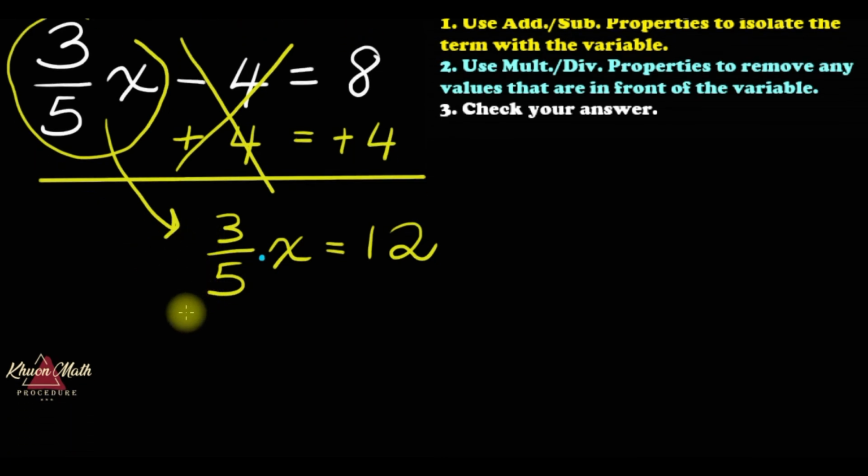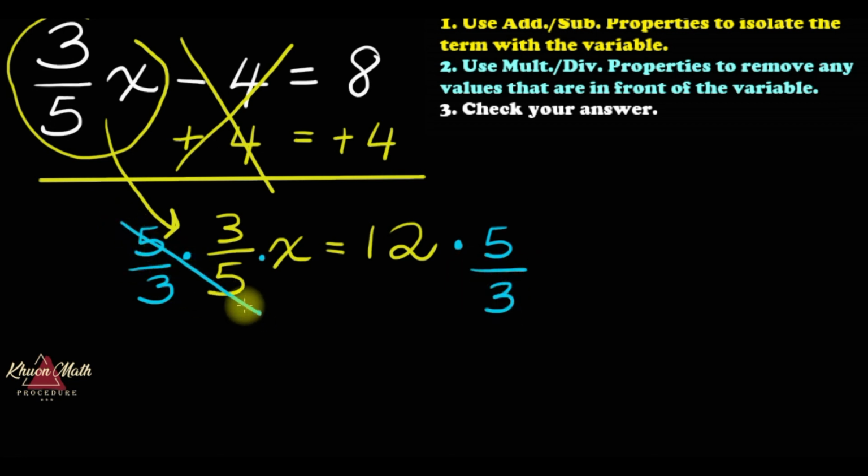Now divide by 3/5, okay, it's the same as multiply by the reciprocal of 3/5. So what is the reciprocal of 3/5? Well, the reciprocal of 3/5 is 5 over 3. So divide by 3 over 5 is the same as multiply by 5 over 3. So if you multiply by 5 over 3 on the left, you got to multiply by 5 over 3 on the right hand side.